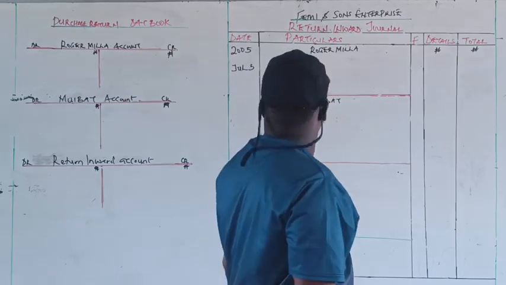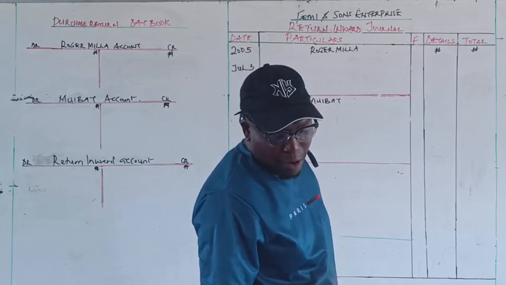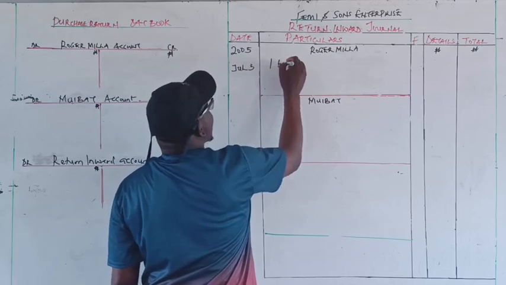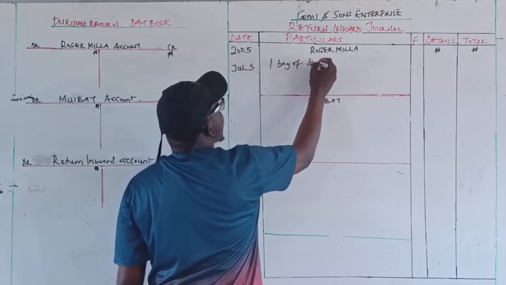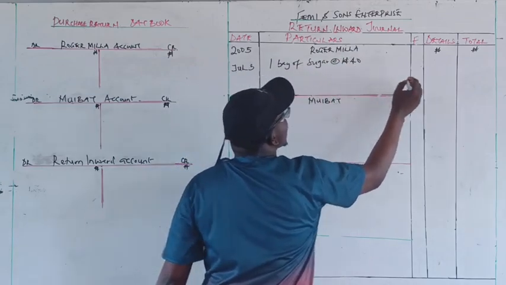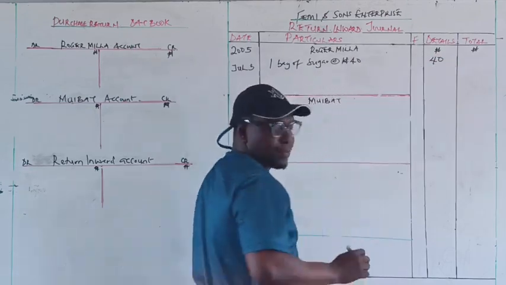On July 3rd, Rojamila returned one bag of sugar at 40 naira. So under our details, 1 times 40 will give us 40.